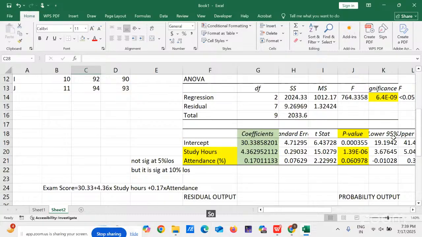I hope those who have been performing along with me have practiced and got the output also. This is how you perform the regression analysis using the tool pack.